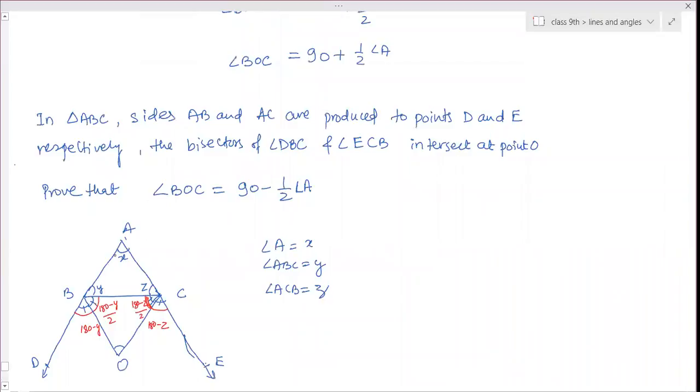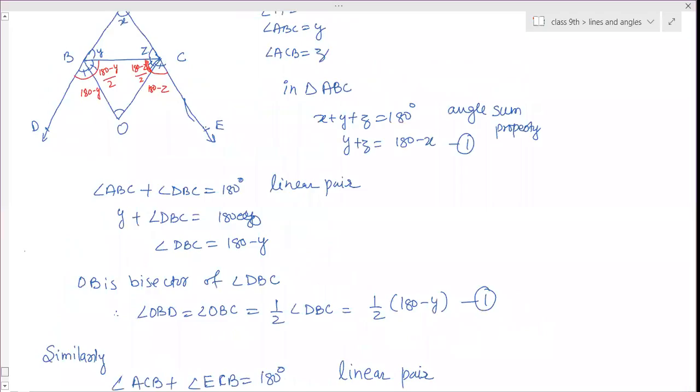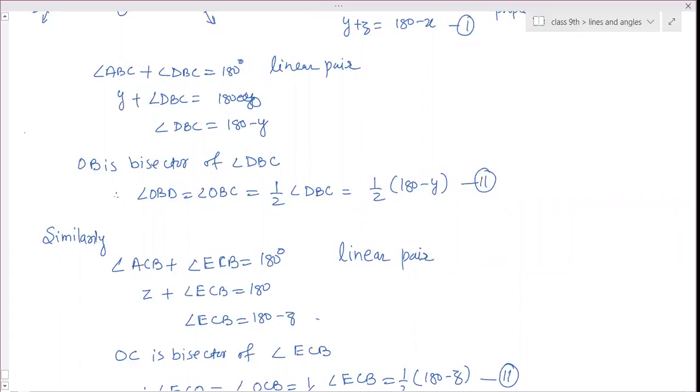Now we have to use the angle sum property of two triangles. In triangle ABC, x plus y plus z is equal to 180, angle sum property. So what is the value of y plus z? 180 minus x. Mark this as equation 3. Clear?